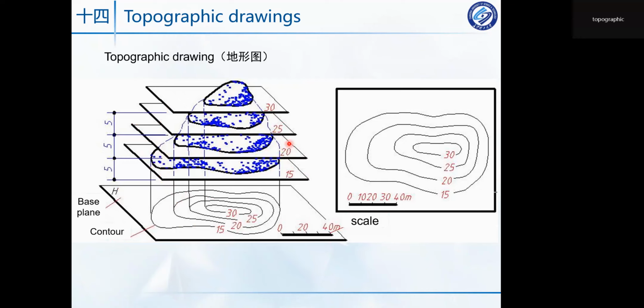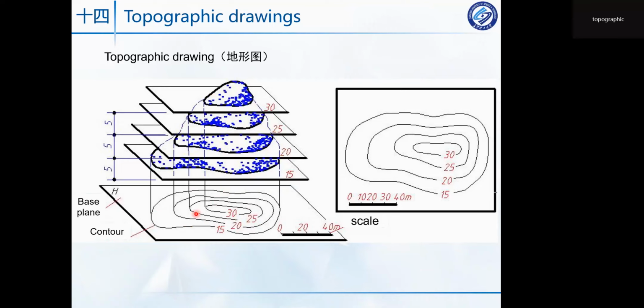And of course, if you want to cut this mountain into more parts, you can also use 15, 16, 17, 18, 19, 20. You can add more cutting planes to get more contours, so it will make your drawing more detailed.